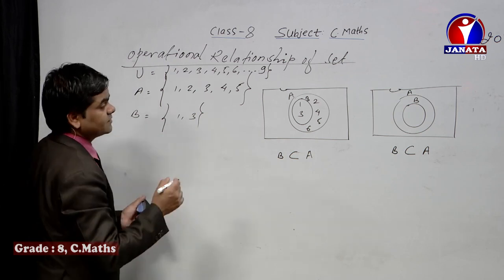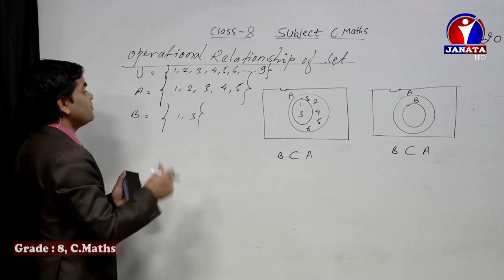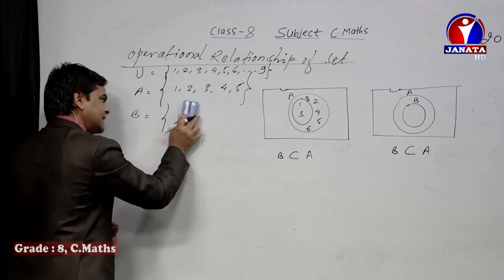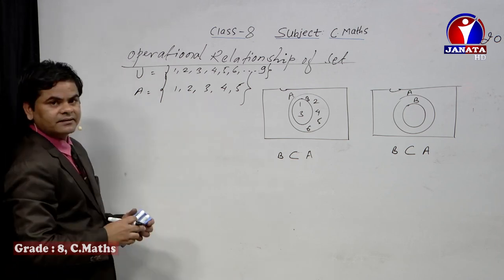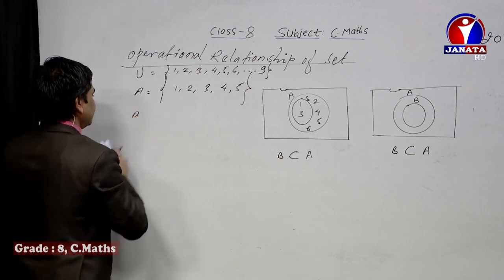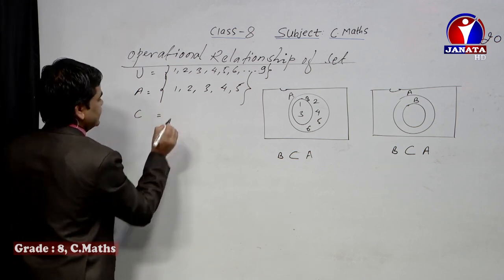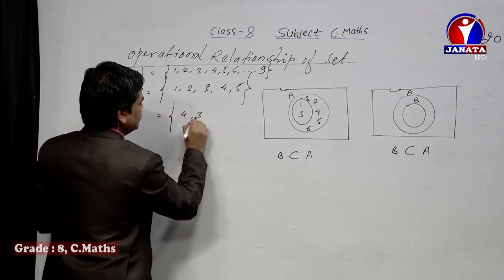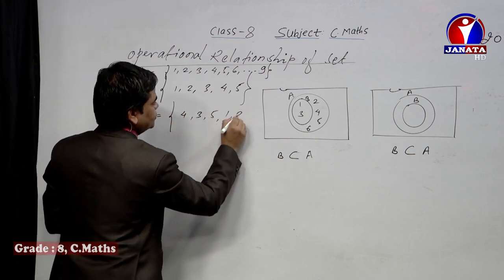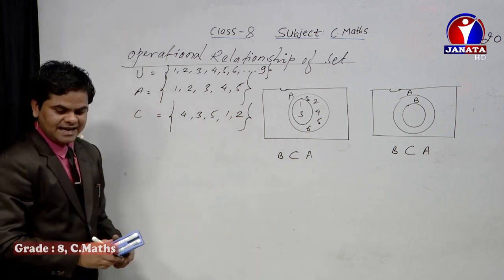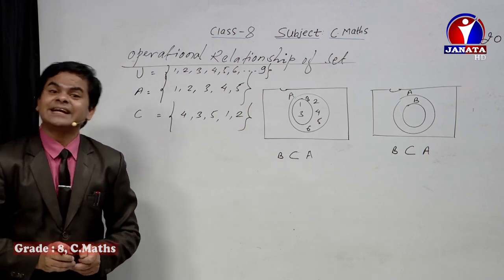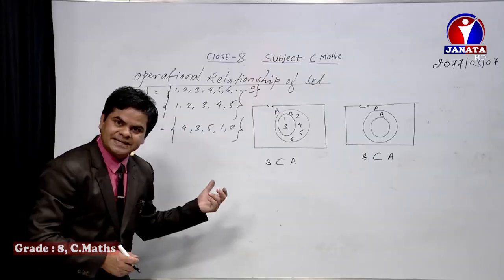Now let's see what happens in case of improper subset. This is a proper subset, so now we don't need it, so I'm erasing this one. Let's take another set, C: 4, 3, 5, 1, 2. Because in case of improper subset, there must be the same elements contained in a certain subset.